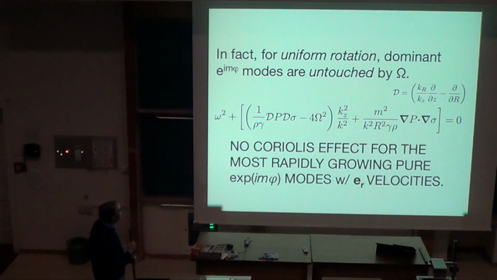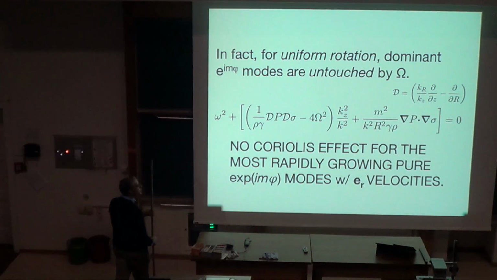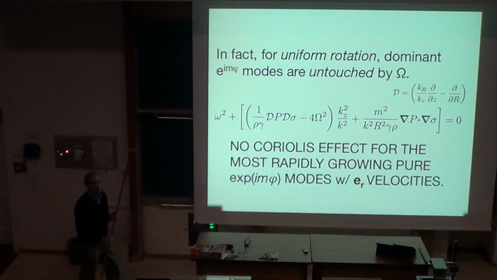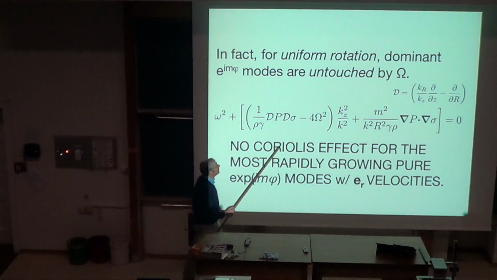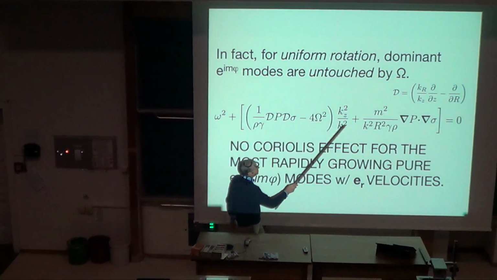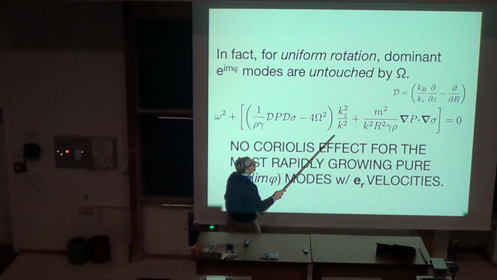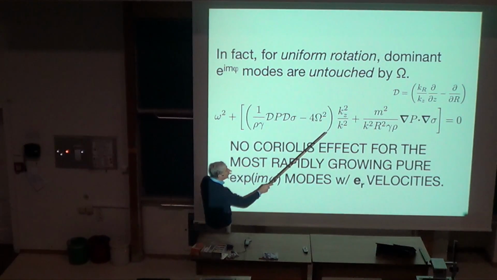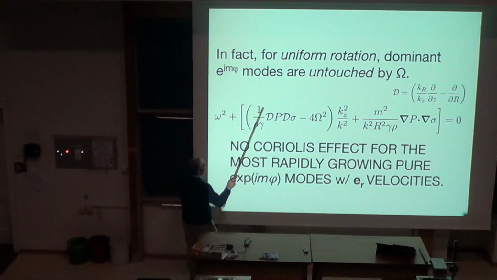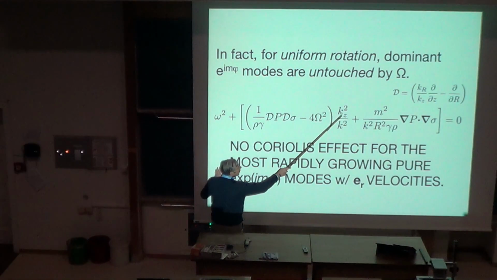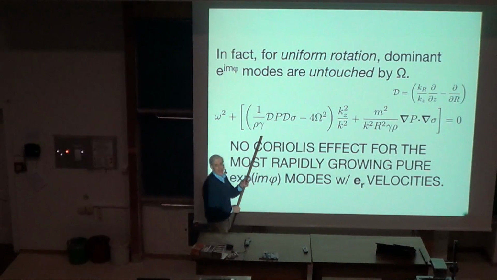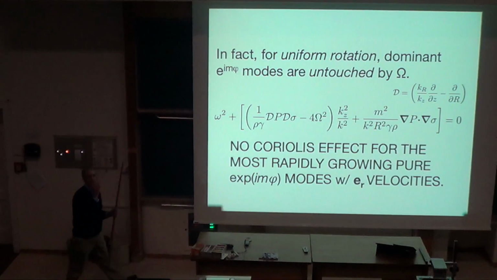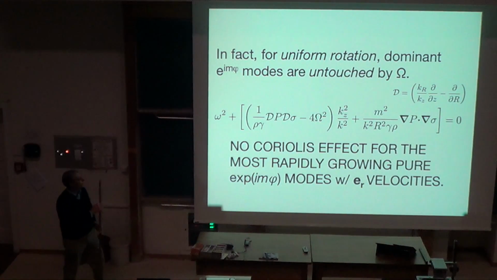There's a rather scary-looking dispersion relation for a general disturbance of omega as a function of wave number k. I have a bunch of crazy-looking derivatives. The fastest growing mode is one where this term is absent altogether. There's no kz, and I have a pure e to the i m phi disturbance. Everything is entirely azimuthal.